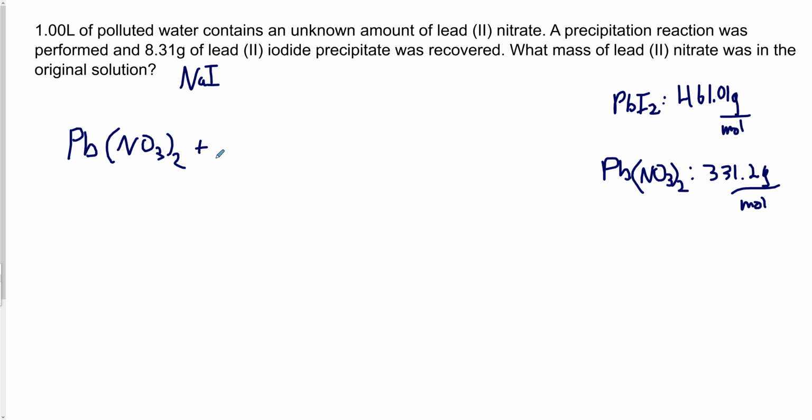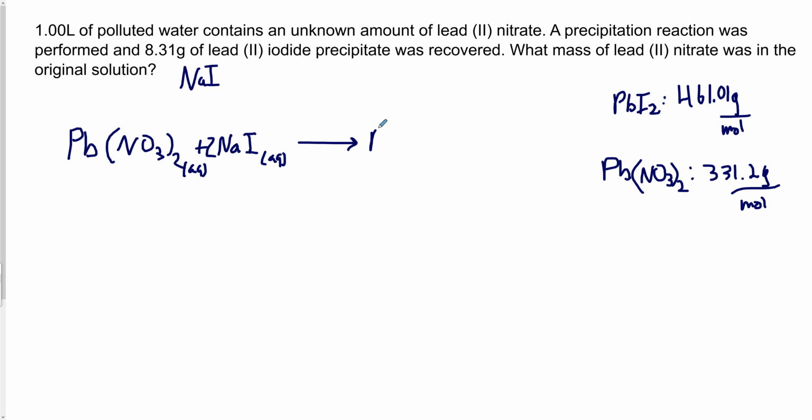And we're adding sodium iodide. And I can tell you right now there's going to be a 2 in front of this guy. Let's see, that's aqueous. And so is our sodium iodide.